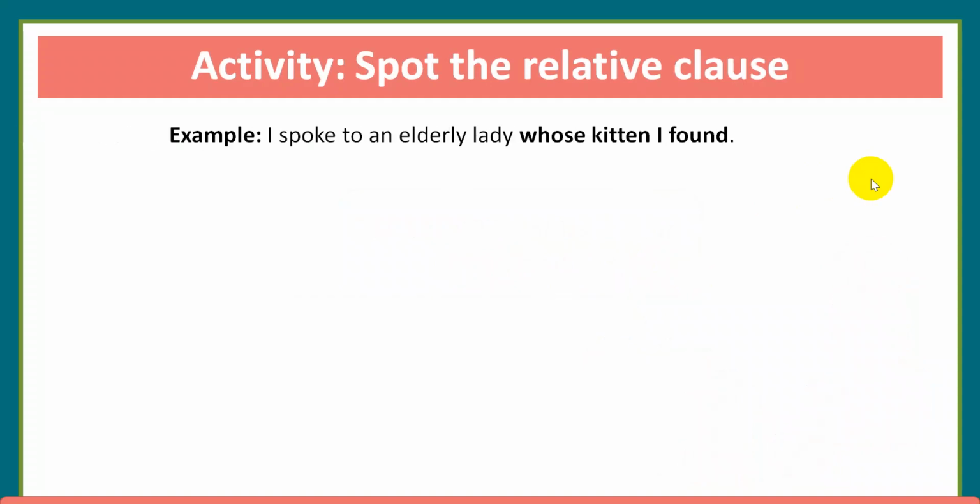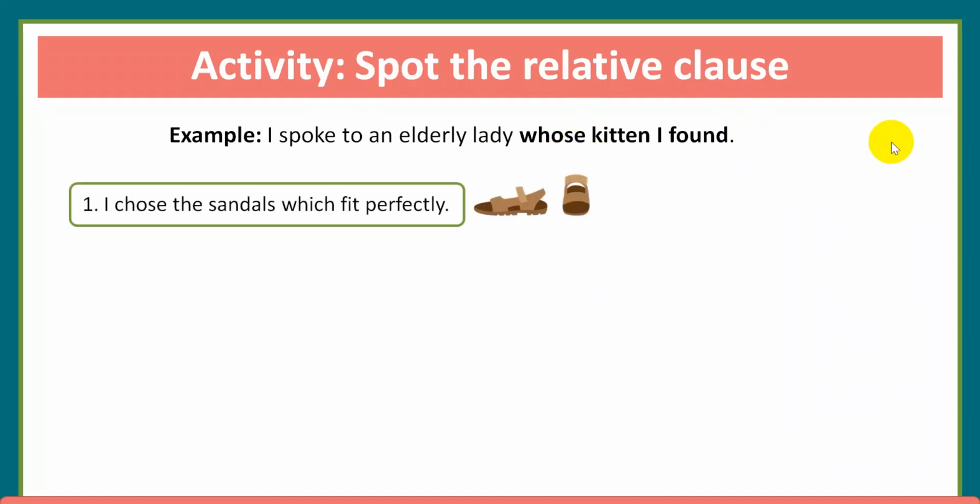Okay, another example. I spoke to an elderly lady whose kitten I found. Where is the relative clause here? It's pretty clear. The word "whose" is a relative pronoun. Next: I chose the sandals which fit perfectly. Where is the relative clause here?